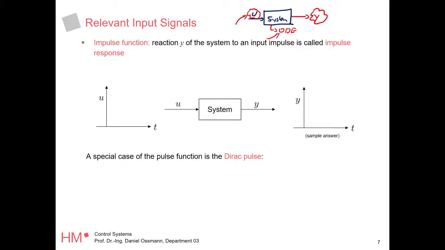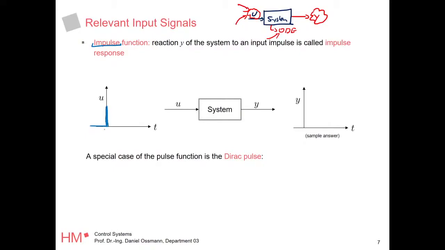Okay, so the first input, U, that I'm going to show you is a very basic one. It's the so-called impulse function, and it's really just an impulse. So here is the impulse function over time, and it looks like this. It's basically 0. It jumps up at t equals 0.